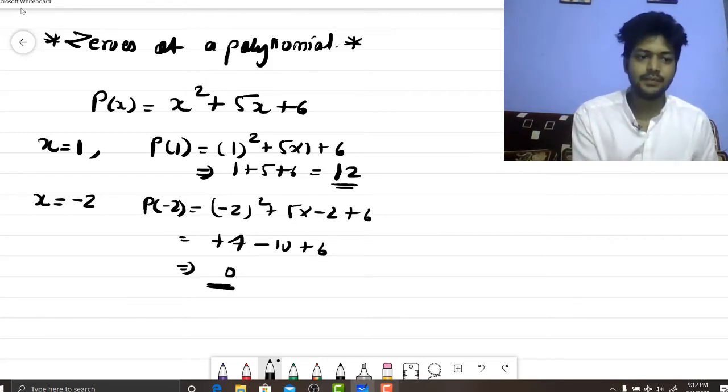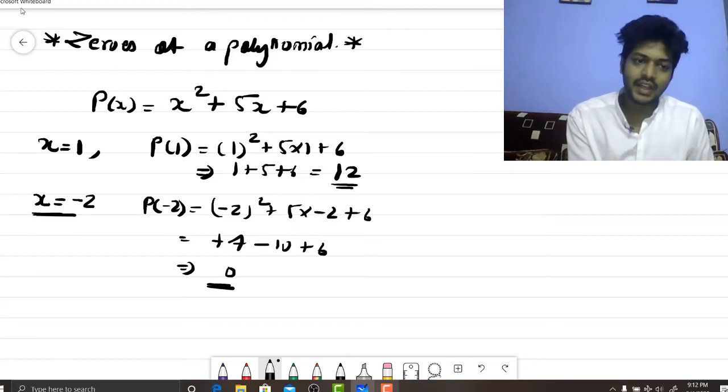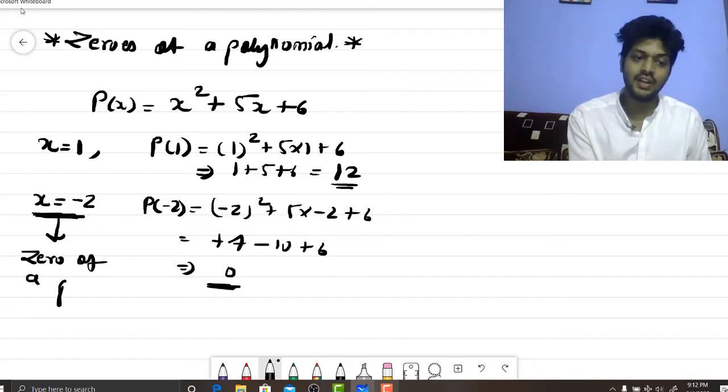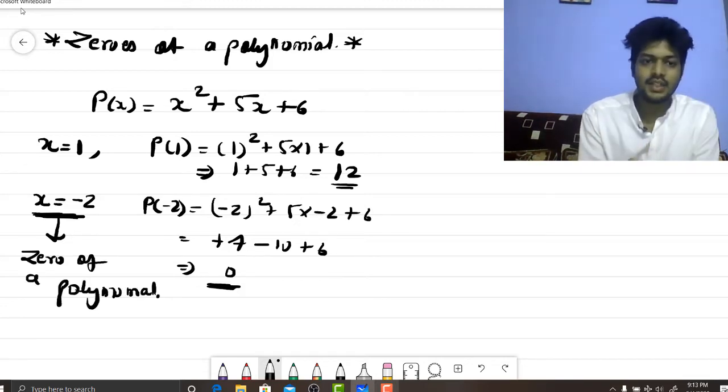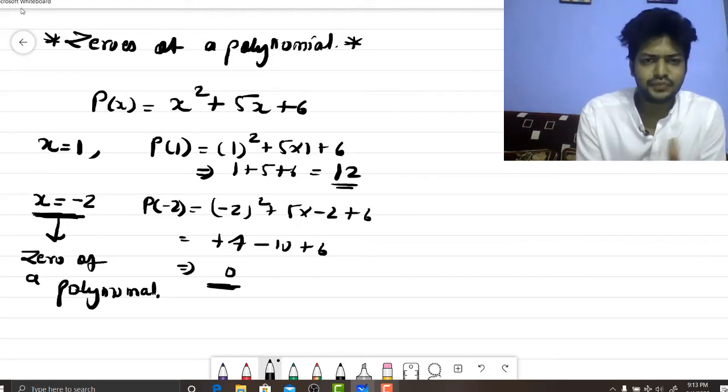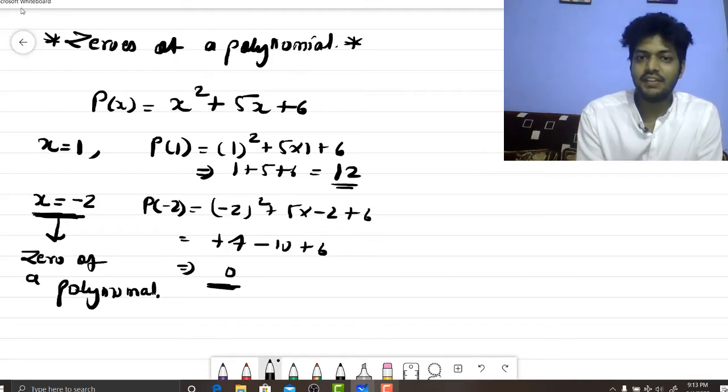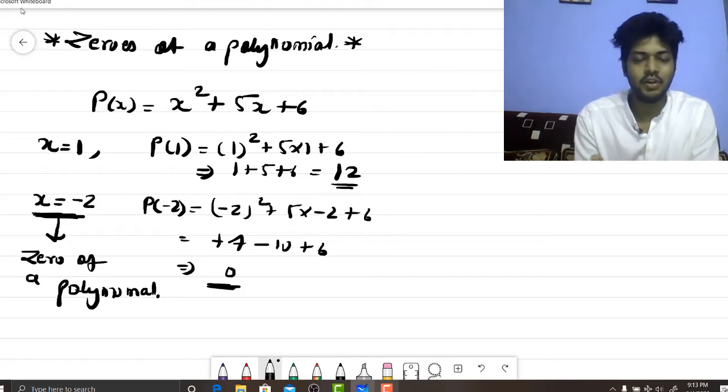So you can see when we put the value of x equals minus 2, we get the entire value of the expression as 0. So this particular value is called the zero of a polynomial. So now you can write the mathematical definition: the numerical value of any variable for which the value of the entire polynomial expression becomes 0 is called the zero of a polynomial.